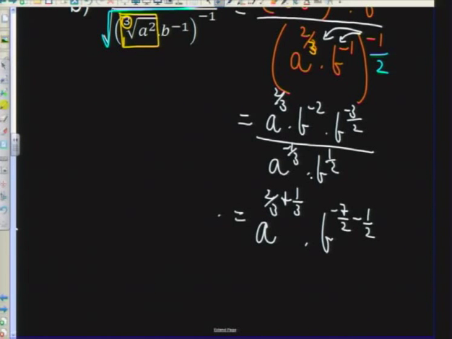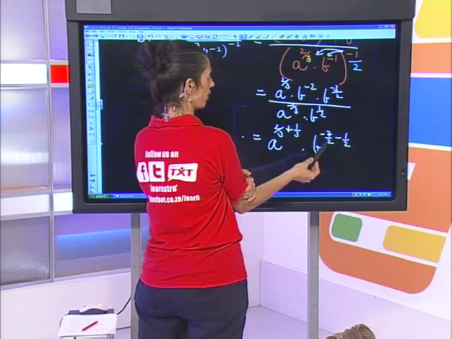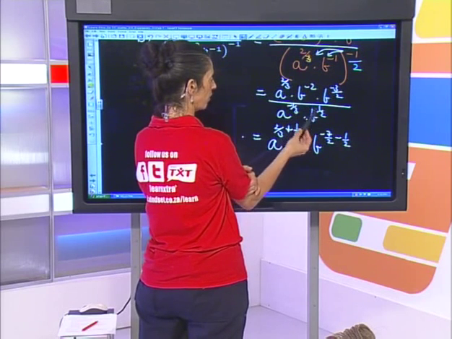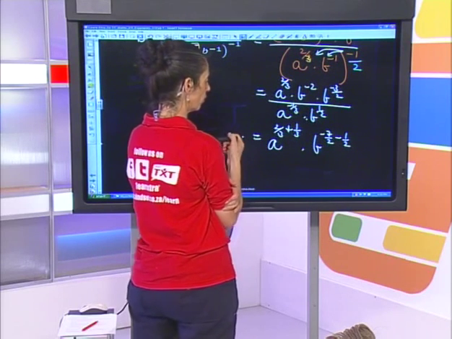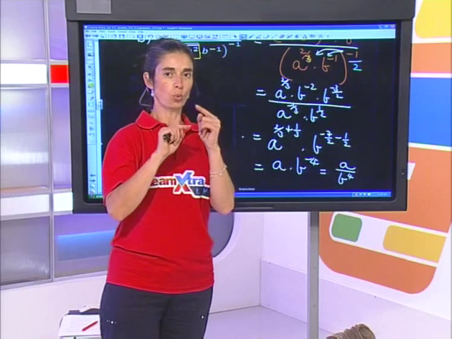Okay, so when it's same base and we're multiplying the same bases, we add our exponents, so that's negative 4, negative 3 is negative 7, and we're dividing by b to the half, so we're subtracting that exponent. Right, so now it's a simple exercise of a to the 3 over 3, which is just a, multiplied by b to the negative 4, and if I write this as a positive exponent, then I would get a over b to the 4.